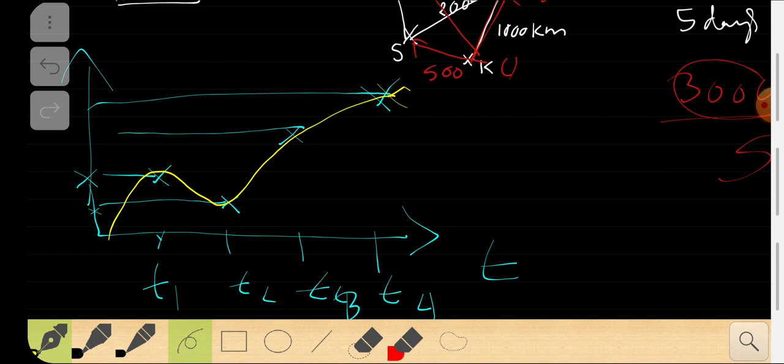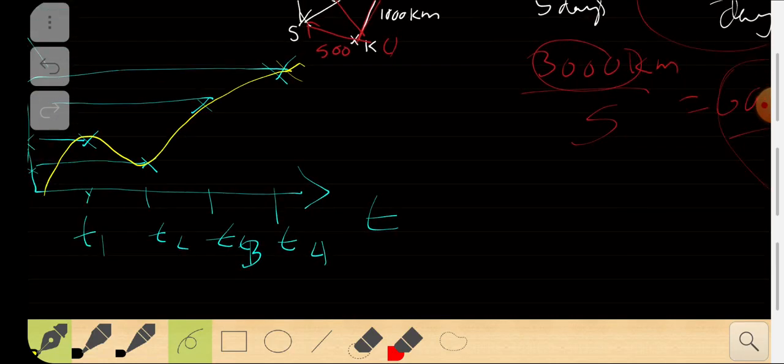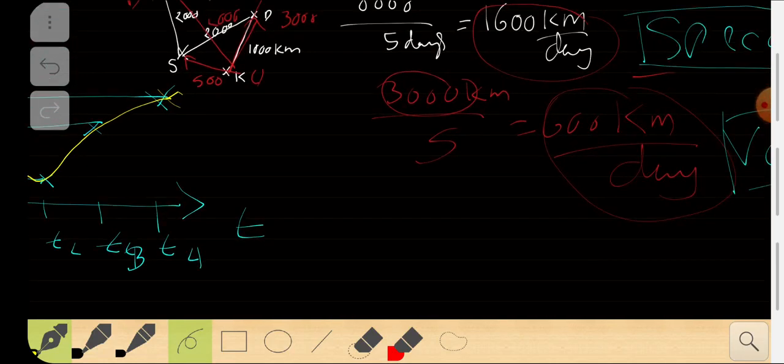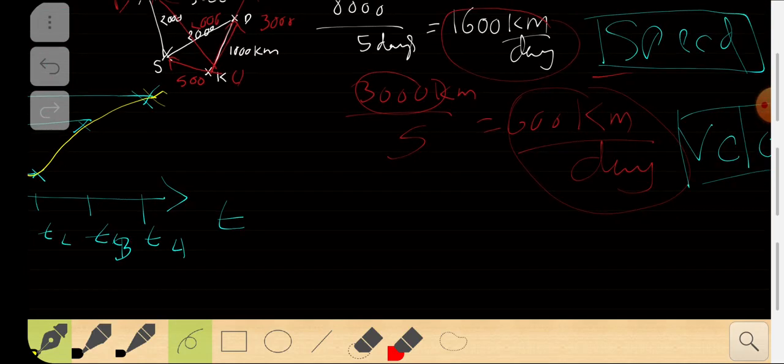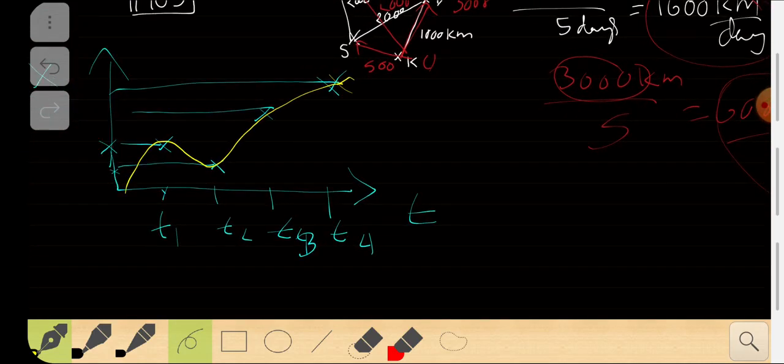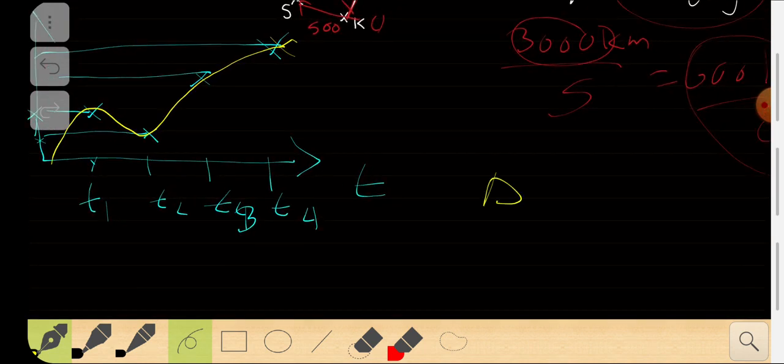Now what I'm going to do next is introduce the concept of velocity. I've talked about velocity numerically. Now if you look at it mathematically, velocity will be delta x by delta t, right?